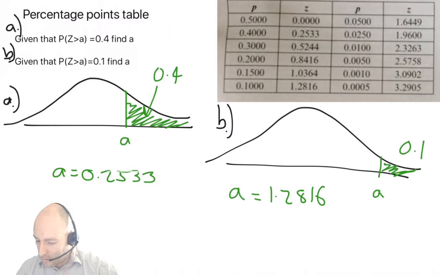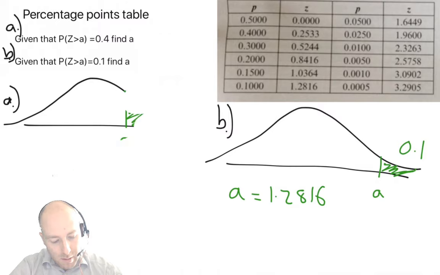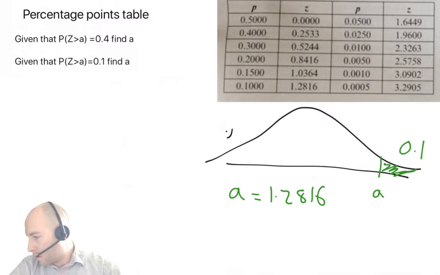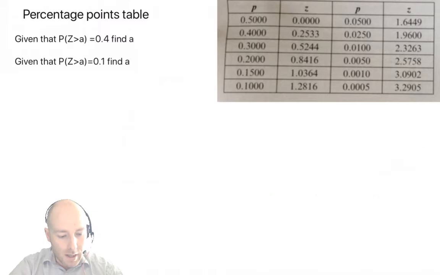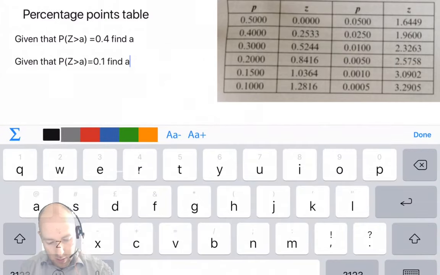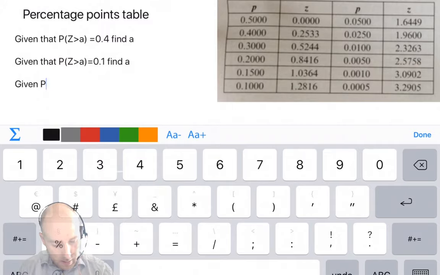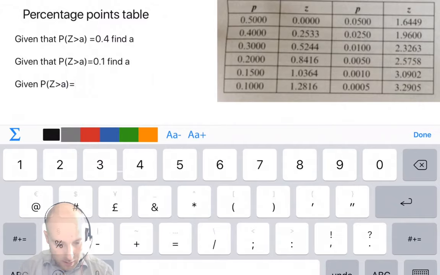Let's try something slightly harder. We're going to stick with the same idea. Keep the table up here. If I've rubbed these off too quickly, just watch the video again later. We're going to try part C, which is given probability of Z is greater than A equals 0.8.